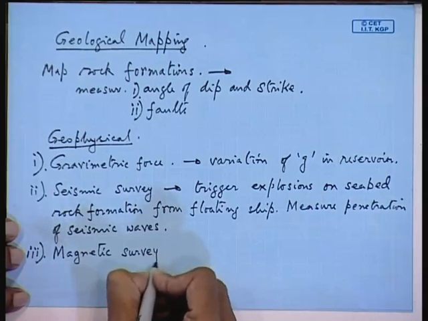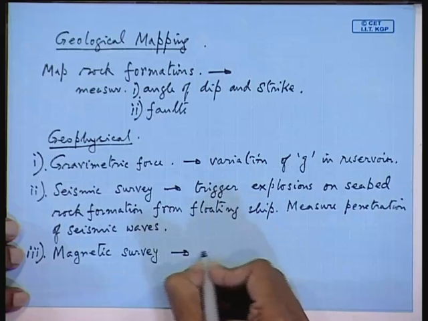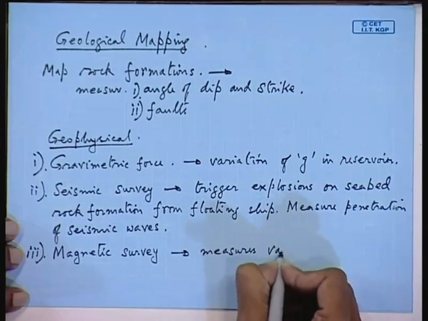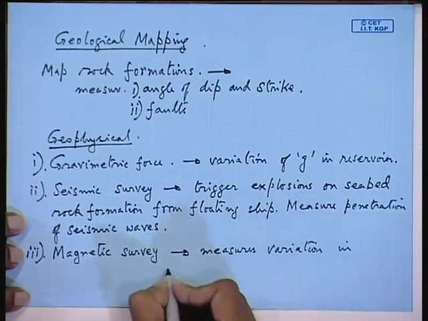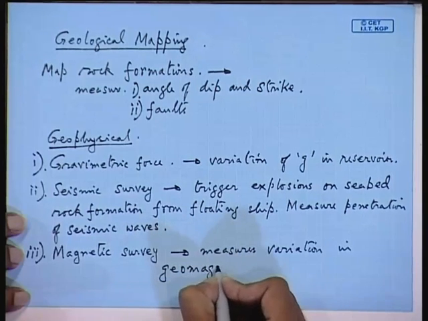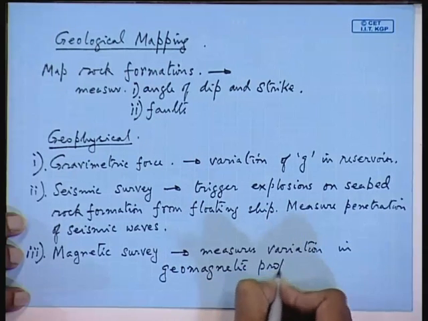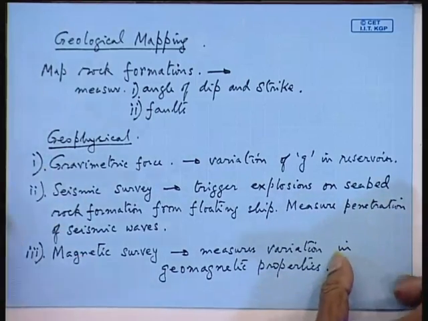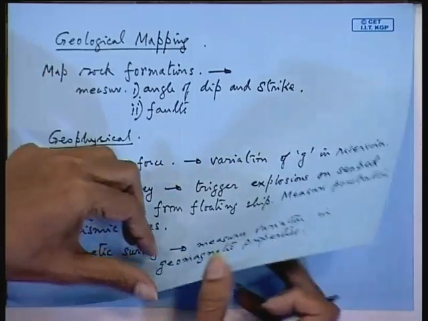This measures variation in the geomagnetic properties. Now, after all this is done, nowadays all this information is fed into a computer.